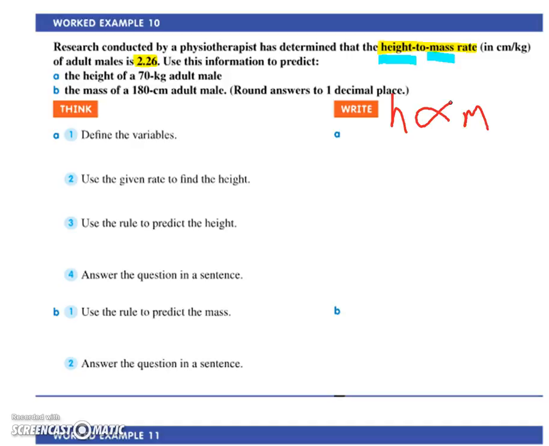Okay, so we've written a proportional statement. How would we now write that as an equation? There's no numbers yet. Yeah, you definitely need another letter.